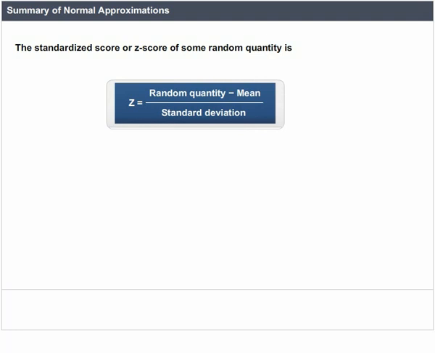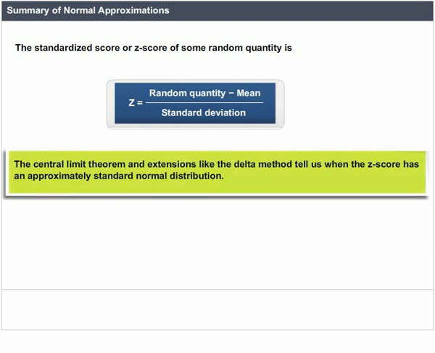Summary of normal approximations. The standardized score, or z-score, of some random quantity is z equal to the random quantity minus the mean, divided by the standard deviation. The central limit theorem and extensions like the delta method tell us when the z-score has an approximately standard normal distribution.